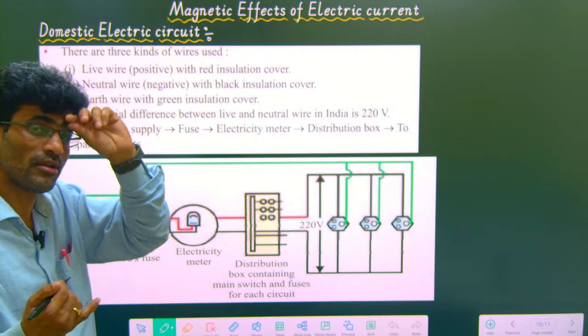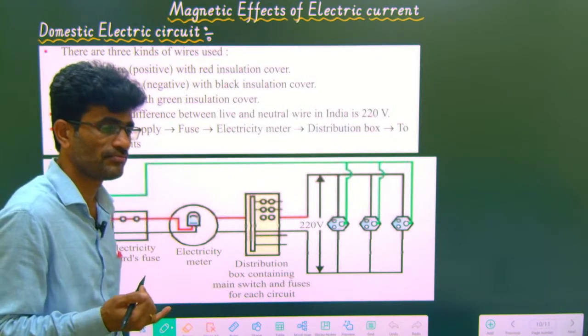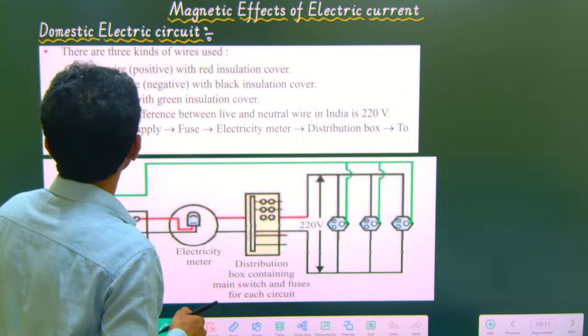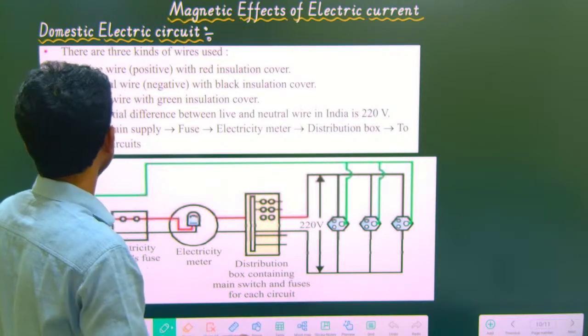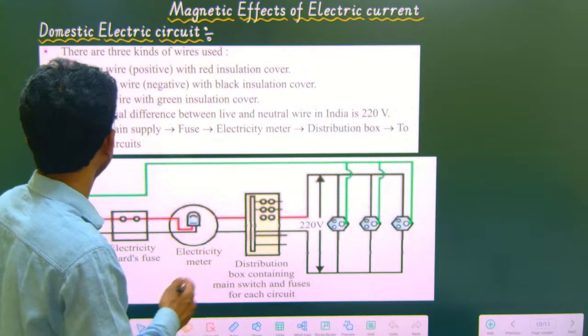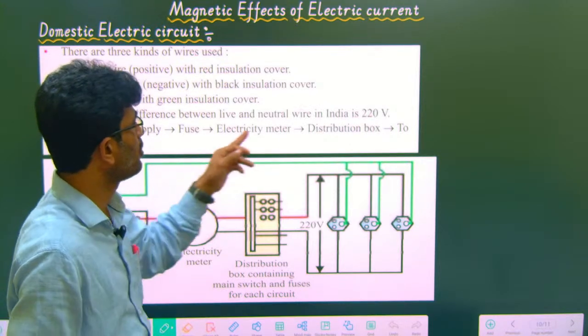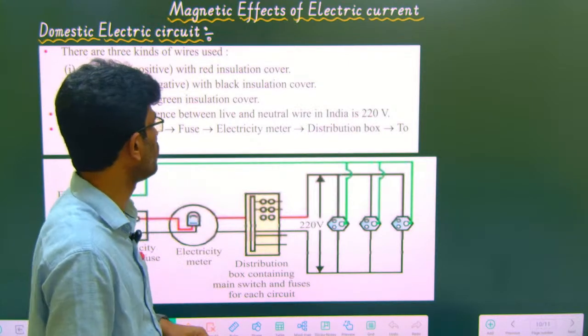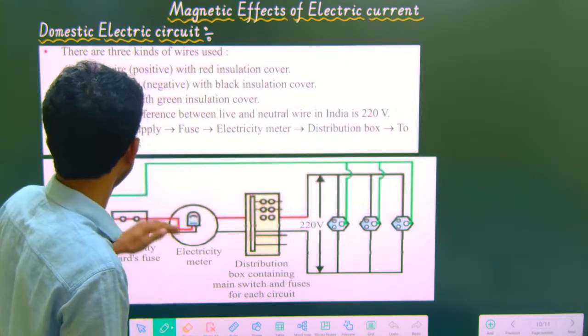Try to remember: live wire will be in red color, neutral wire is in black color. Then the third wire is the earth wire. This is in green color. And in our home in India, the potential difference we use is 220 volts. This is some basic information.